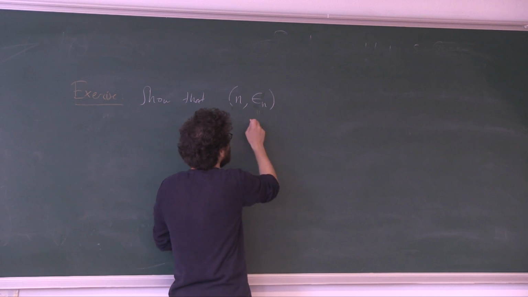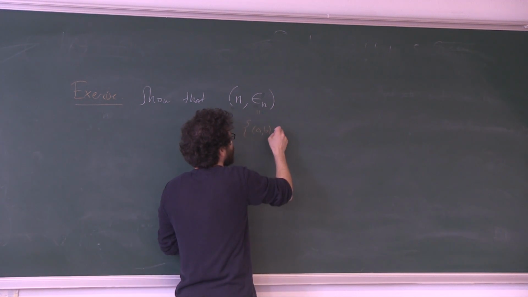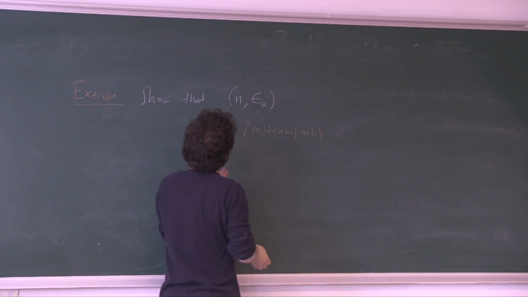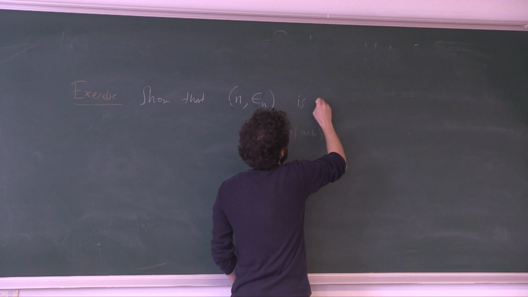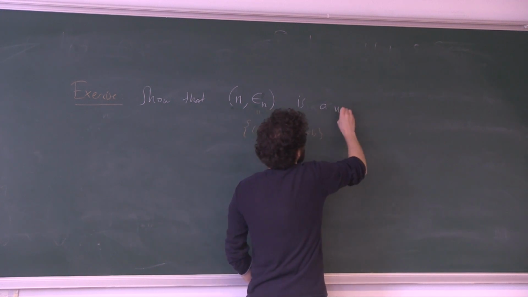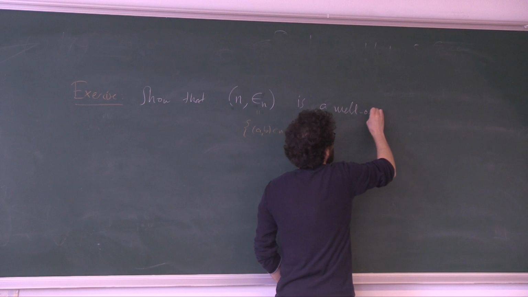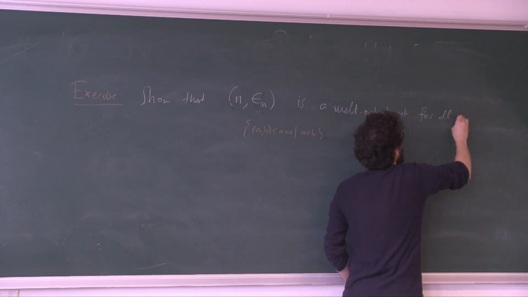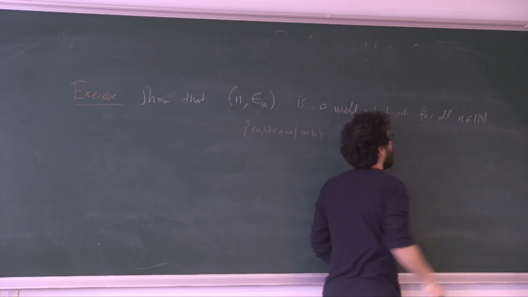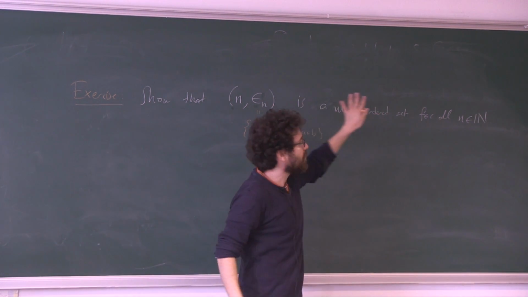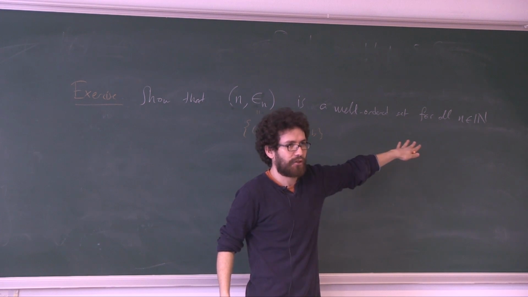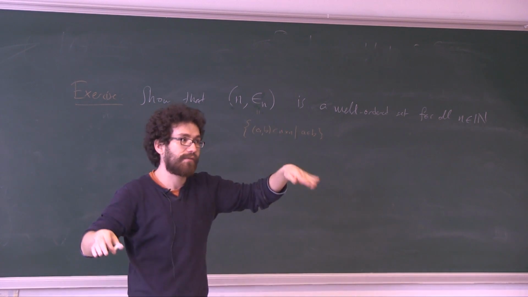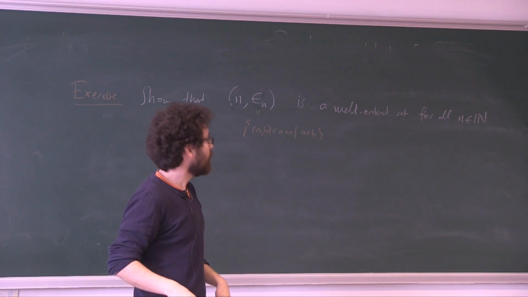Remember what this was: the set of all ordered pairs such that A is in B. Now, prove that this is a well-ordered set for all natural numbers. Okay, how do you prove something like this? Something happens for all natural numbers, you prove it by induction. For 0, you have the empty relation, the empty set. It's a well-ordered set. That's fine. Now do the inductive part.